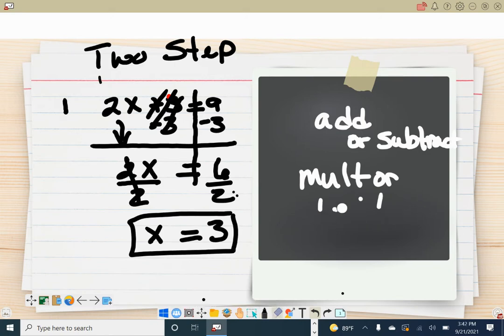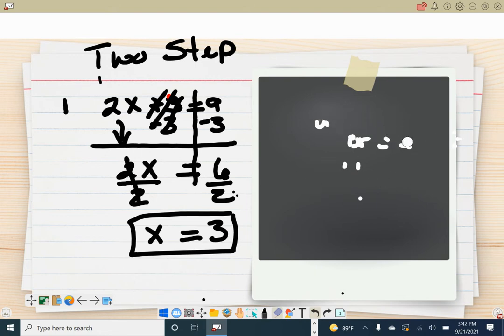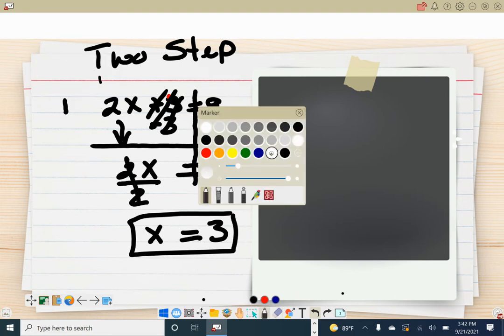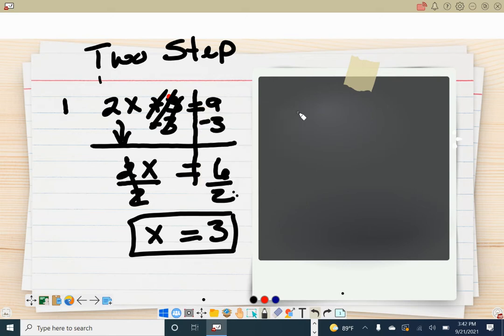Now I've got this little blackboard over here for us to check our work. So I'm going to plug this answer 3 into my equation. Instead of saying 2 times x, I'm going to say 2 times 3 plus 3 equals 9.